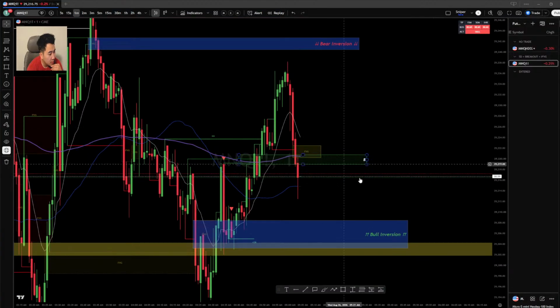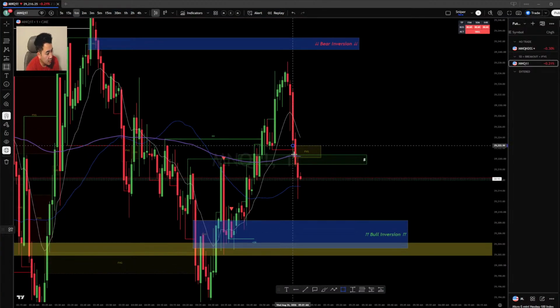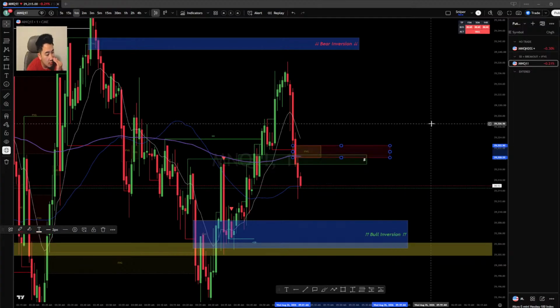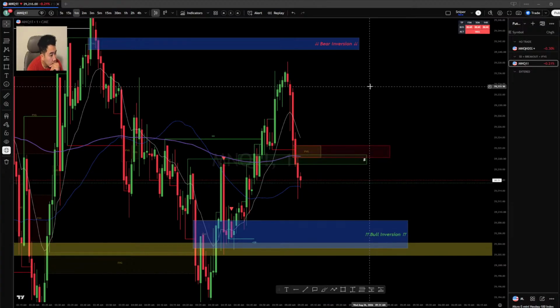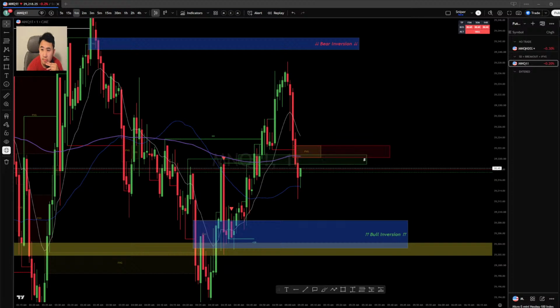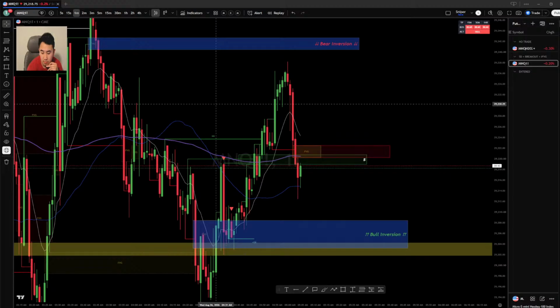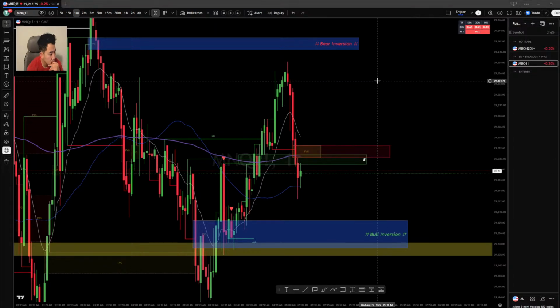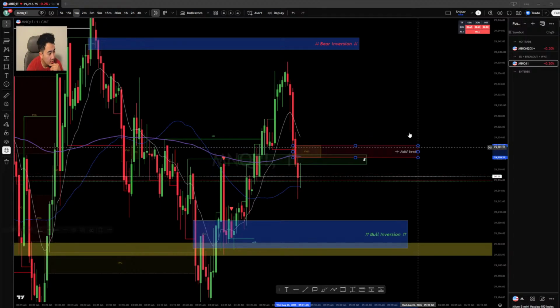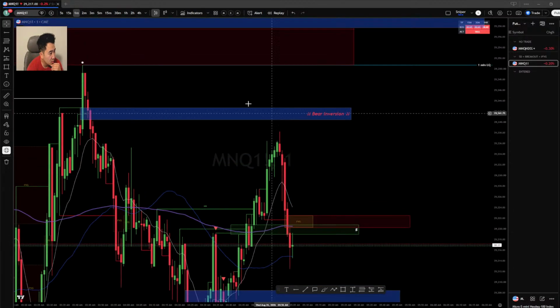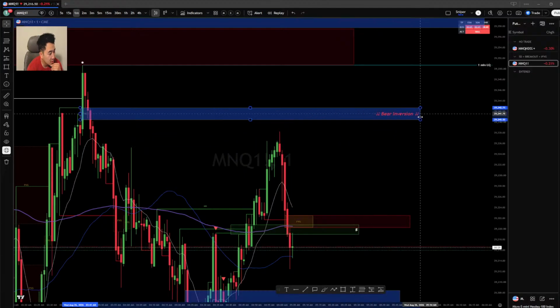This 1 minute right here, we have this bearish FVG. If it starts trading above, then I could take this bearish FVG as a bullish inversion, look for entries to go up.